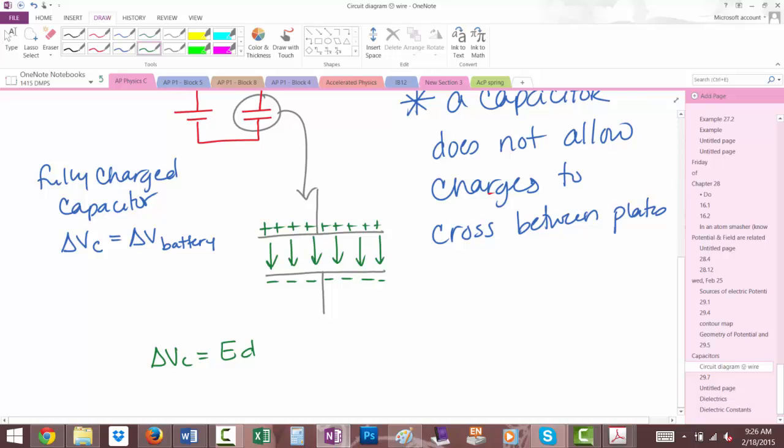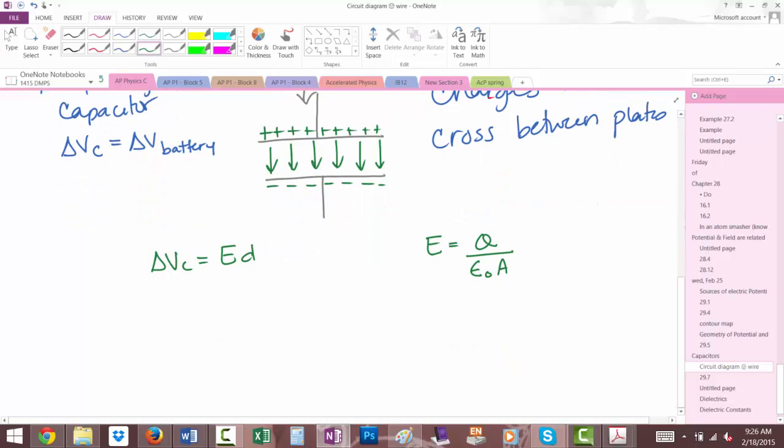We also talked about a couple chapters ago that the electric field established inside a capacitor was equal to the charge on the capacitor divided by epsilon naught times the area. Do those look familiar to you? We established both of those earlier.